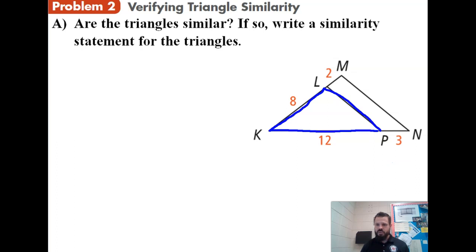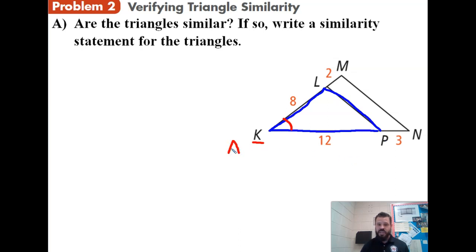Now the trick with this one is notice both those triangles share an angle. They share this angle K, so that's one congruent angle. Now I know the lengths of the sides that include that angle: 8 and 8 plus 2 equals 10 in the case of the larger triangle, and same thing, 12 and 15 for the bottom side.